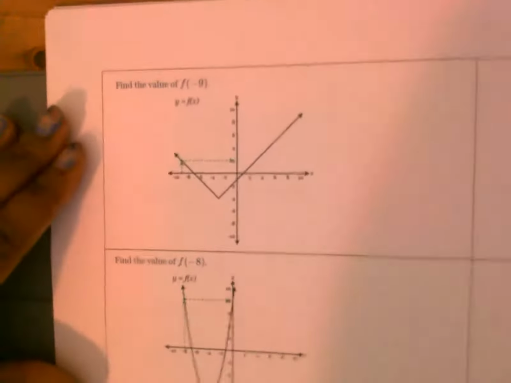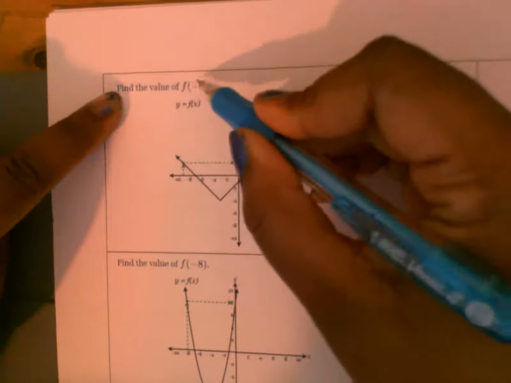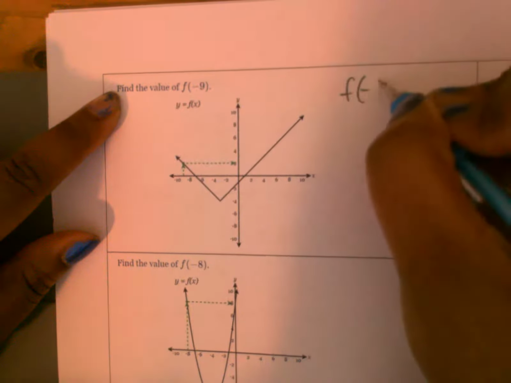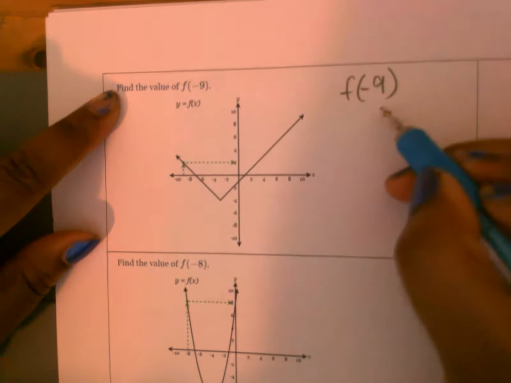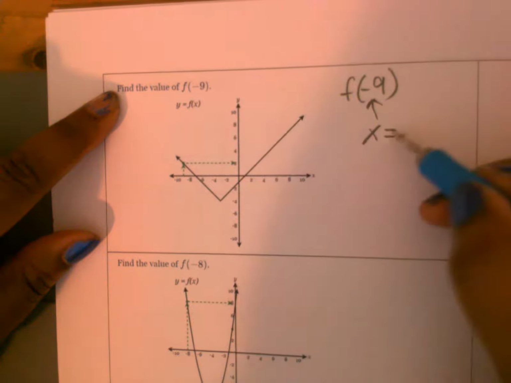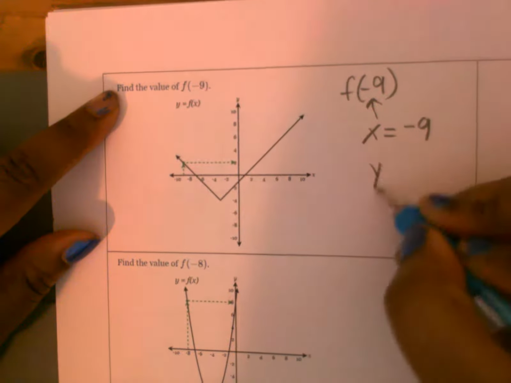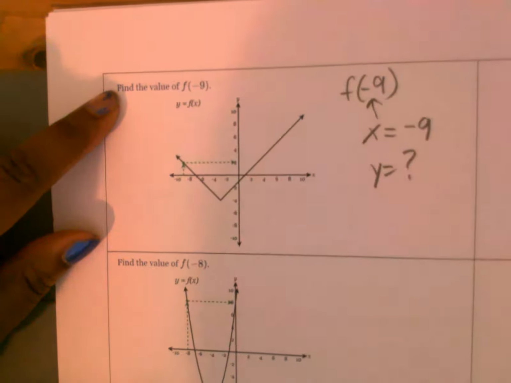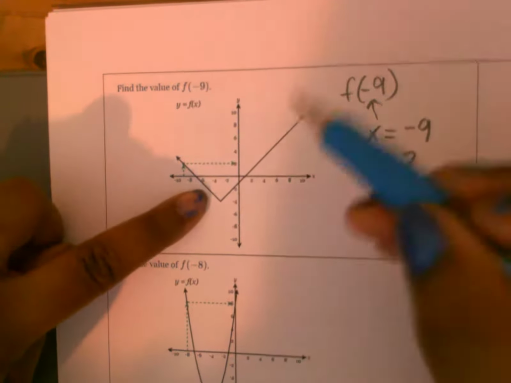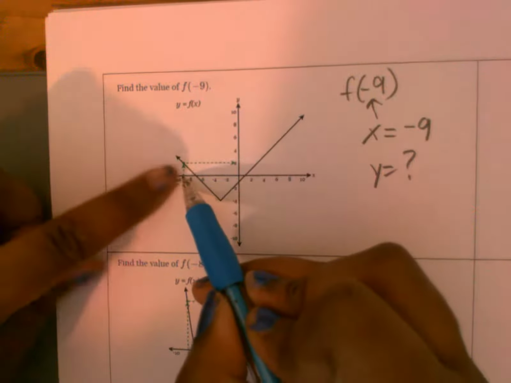All right, you're going to do the same thing even when there's a line. Okay? They said find the value of f of -9. Again, remember, when you see this, they're giving you the x value. They're telling you that the x value is -9. So then what is y? That's what they're asking you for. When they give you x, they want to know what y is. So let's find -9 on the x-axis. -9 on the x-axis is right here.